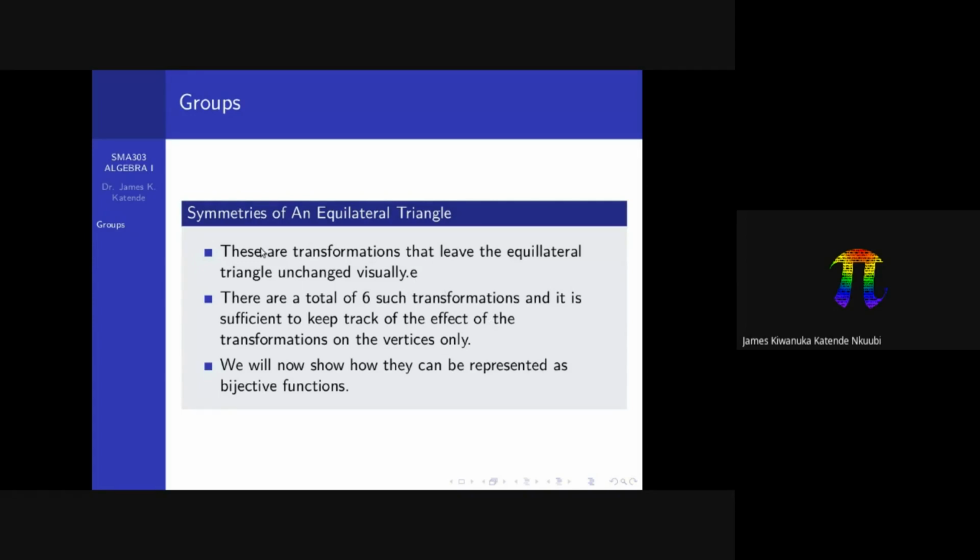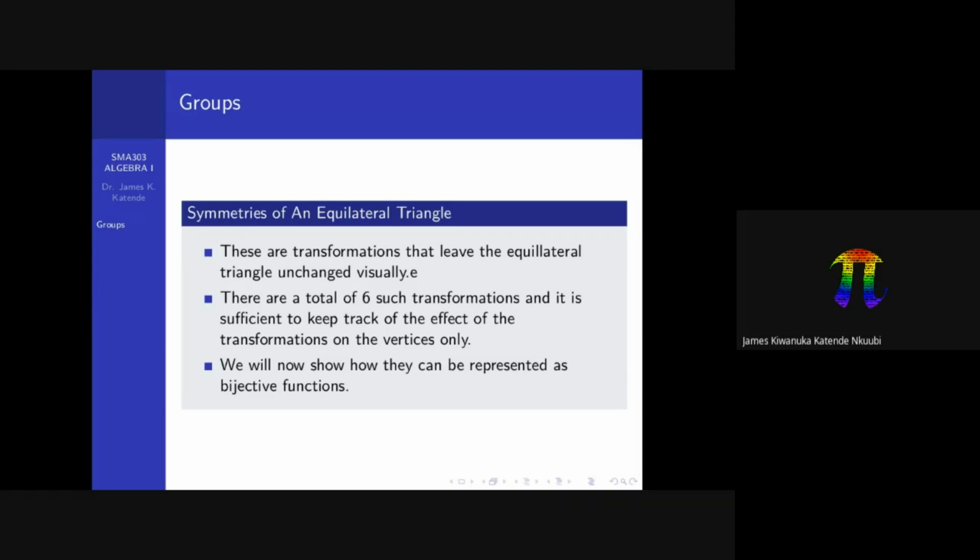So I hope you get this right. Basically, it means if you have an equilateral triangle on your table, and someone performed a transformation on it, it will only be a symmetry if you don't notice that it has moved.